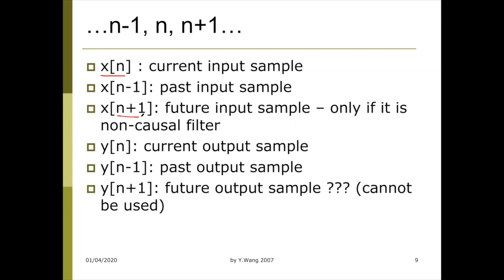It doesn't exist. So that's why it is called a non-causal filter. A non-causal filter means an offline filter. yn is the current output sample, yn minus 1 is the past output sample, and yn plus 1 is the future output sample. Again, it cannot be used in real time.